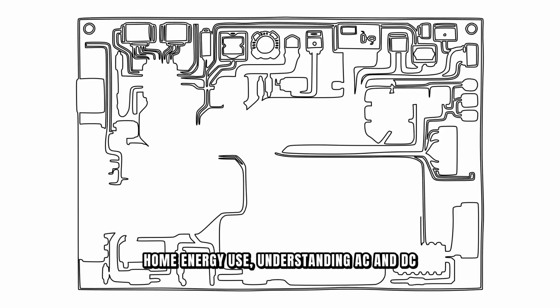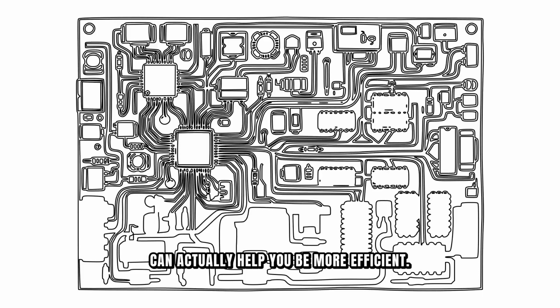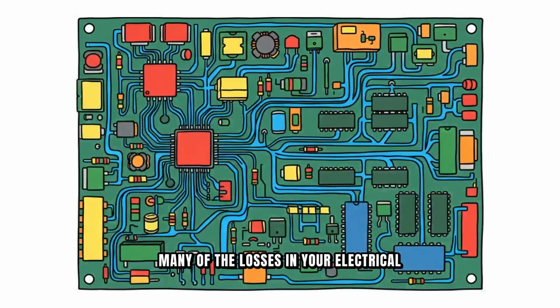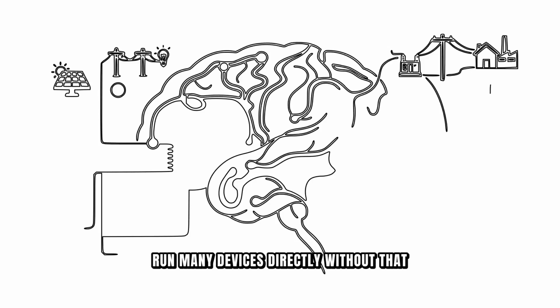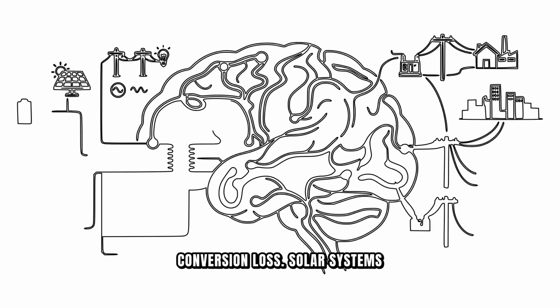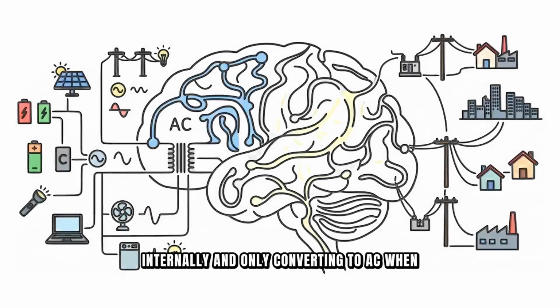In the context of home energy use, understanding AC and DC can actually help you be more efficient. Many of the losses in your electrical system come from converting AC to DC in each device. If you had a home with a DC power system, you could run many devices directly without that conversion loss. Solar systems increasingly work this way, using DC internally and only converting to AC when necessary.